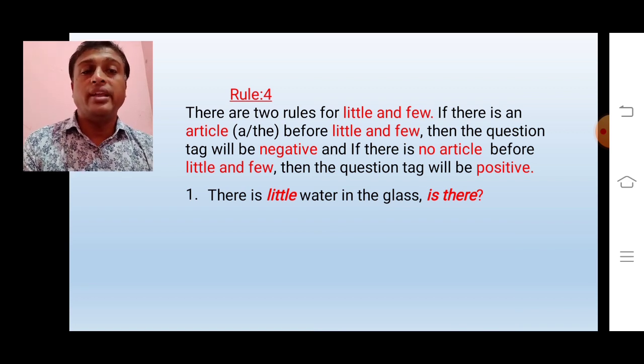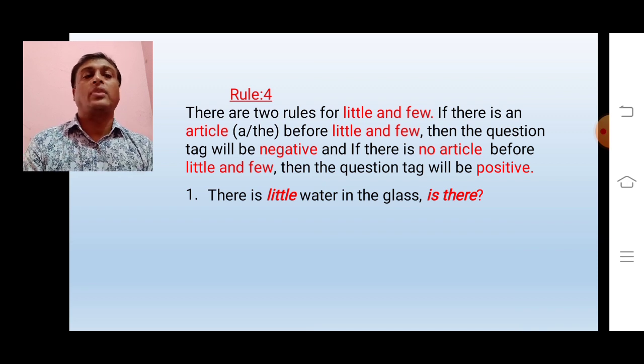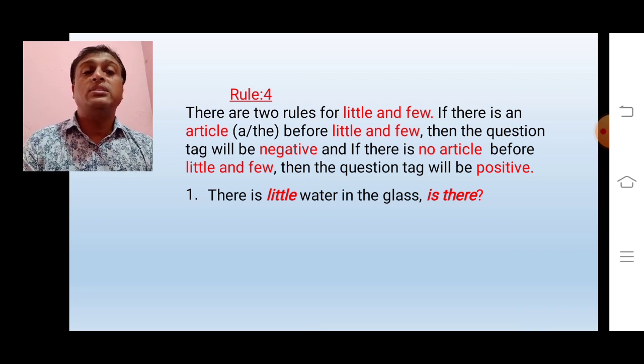In this sentence, there is no article before little. So, little is here a negative word. So, to answer this statement, we cannot write not in our answer. So, the answer of this statement is is there.